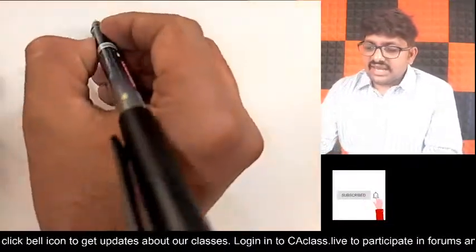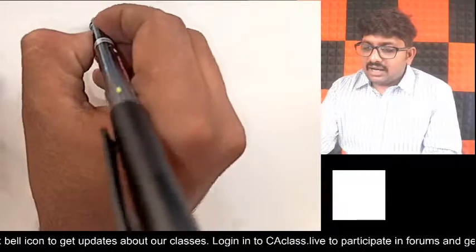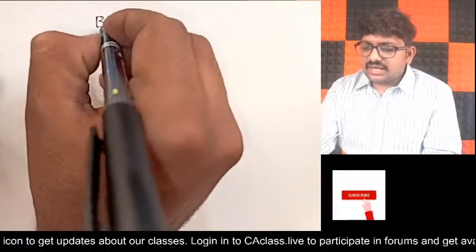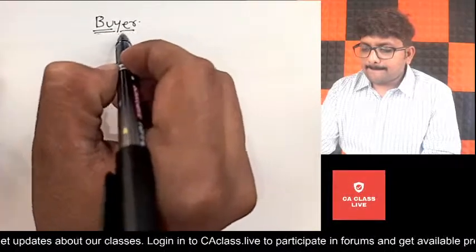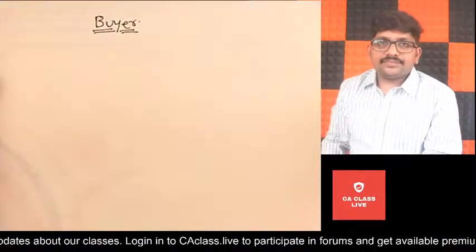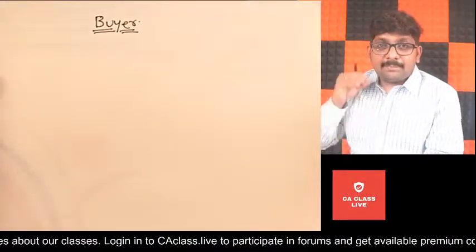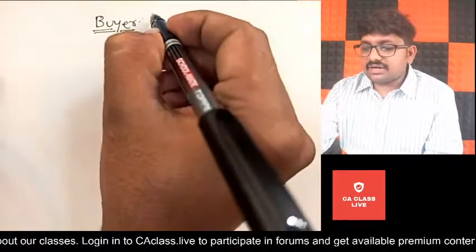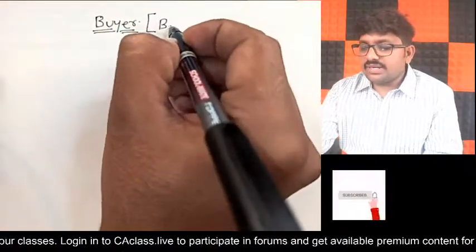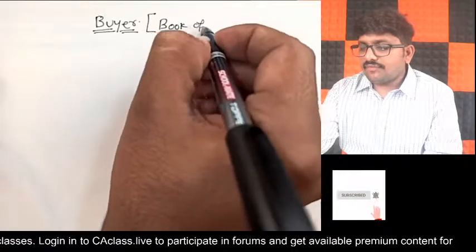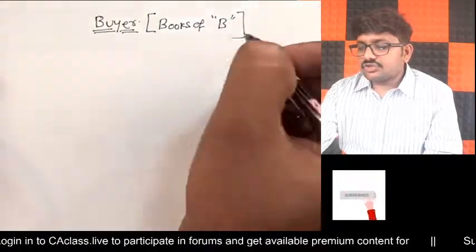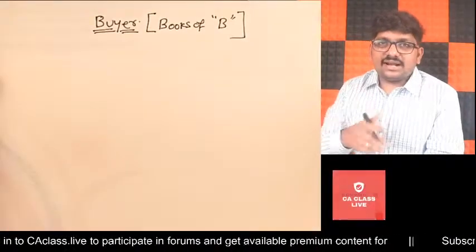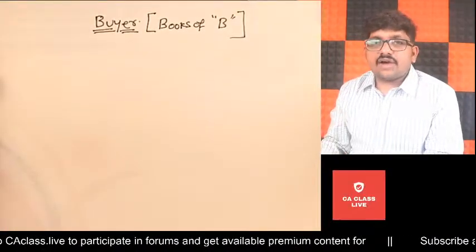First, imagine I am a buyer. It means we are writing in the books of B. Obviously, A is the seller and B is the buyer.